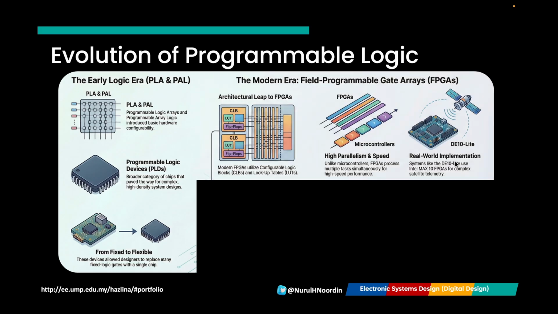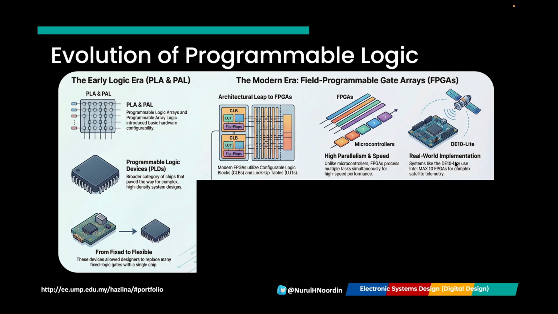While PLAs and PALs physically routed signals through arrays of basic logic gates, modern FPGAs approach logic design very differently and are vastly more powerful. For example, you can see here, FPGA is equipped with lookup tables instead of simple gates.